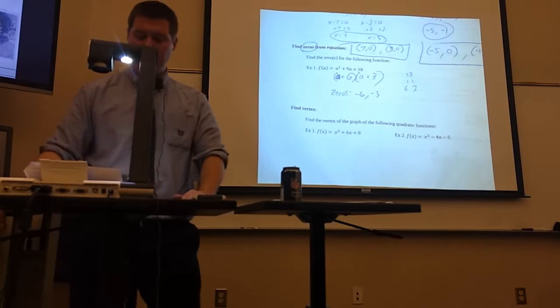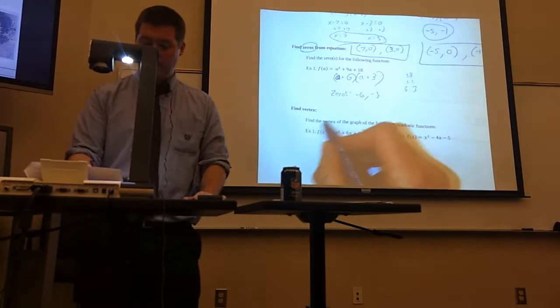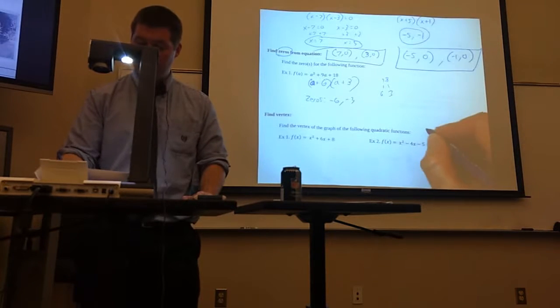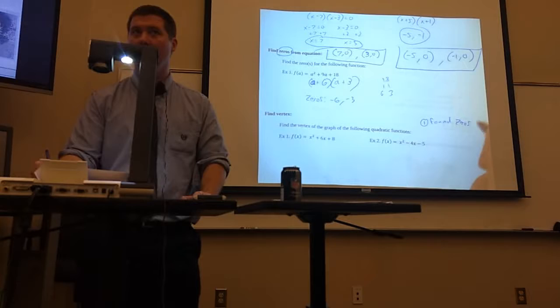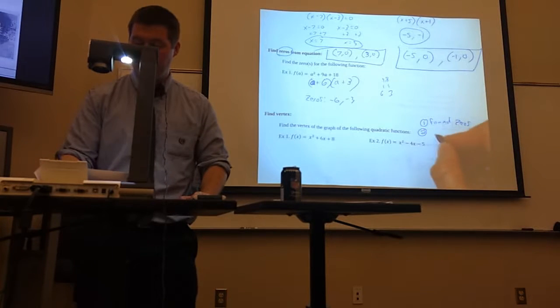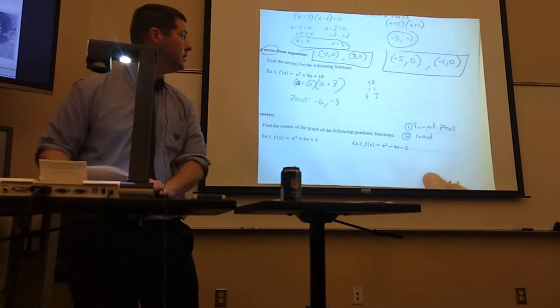All right, I got a bunch of emails about this. Find the vertex. We did this last time. The way we did it in class is we found the zeros, right? And then we just looked halfway in between those. See this?